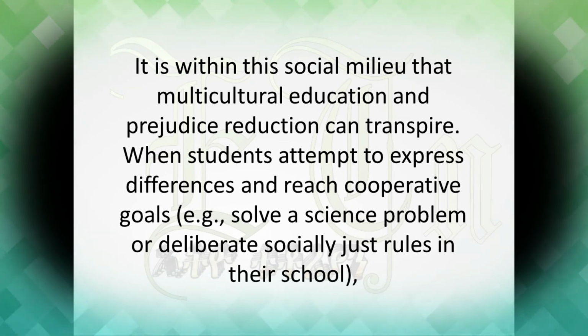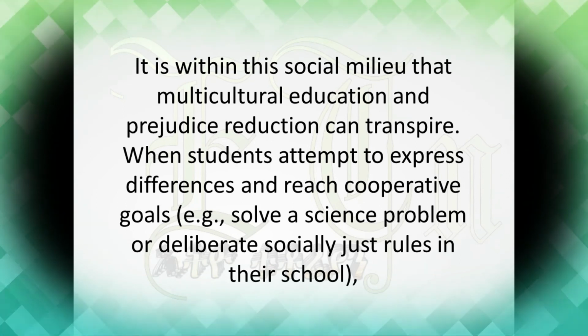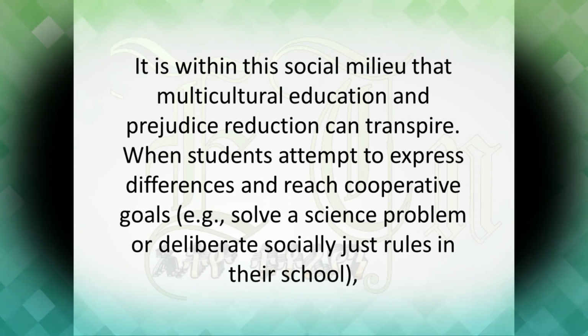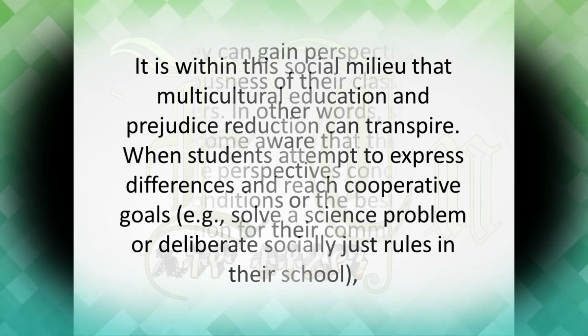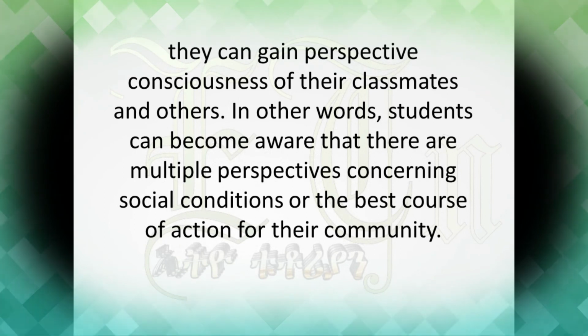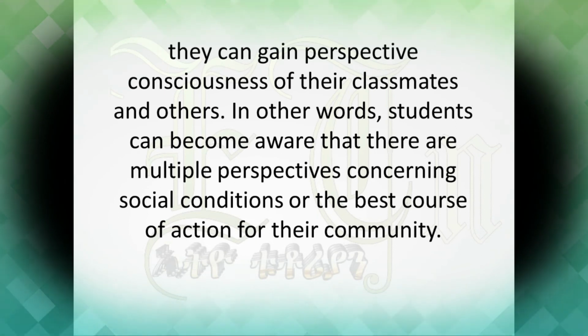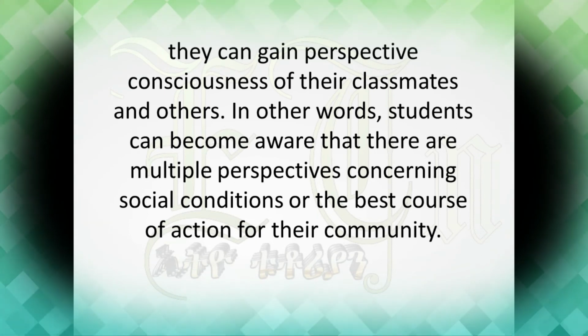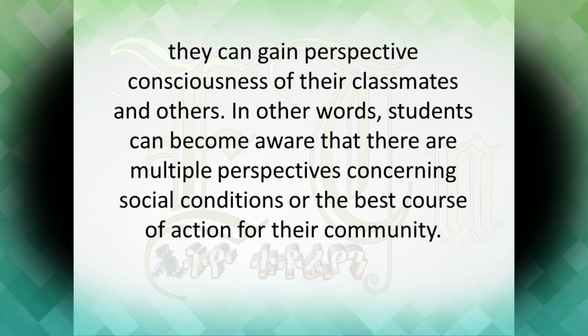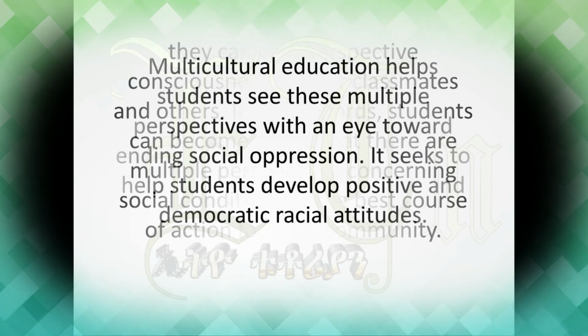When students attempt to express differences and reach cooperative goals, for example, solve a science problem or deliberate socially just rules in their school, they can gain perspective consciousness of their classmates and others. In other words, students can become aware that there are multiple perspectives concerning social conditions or the best course of action for their community.